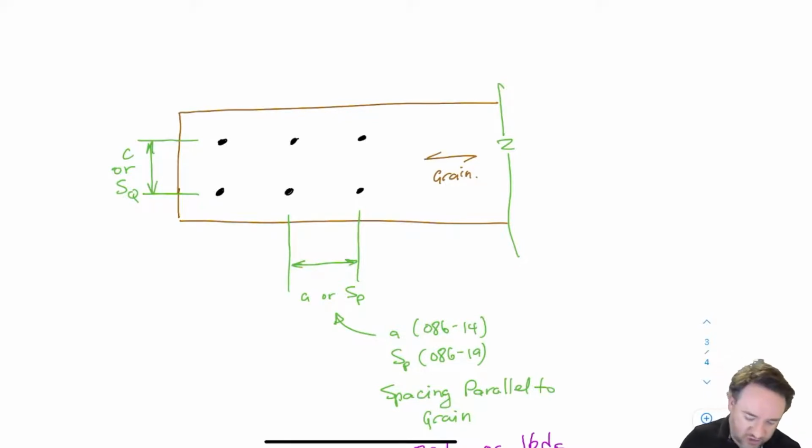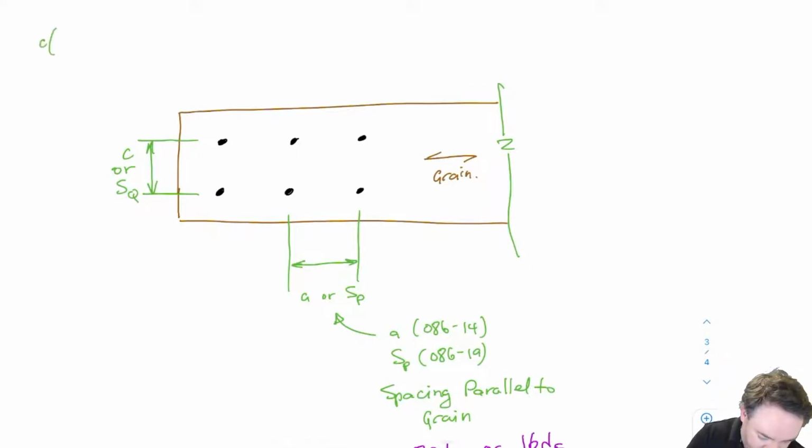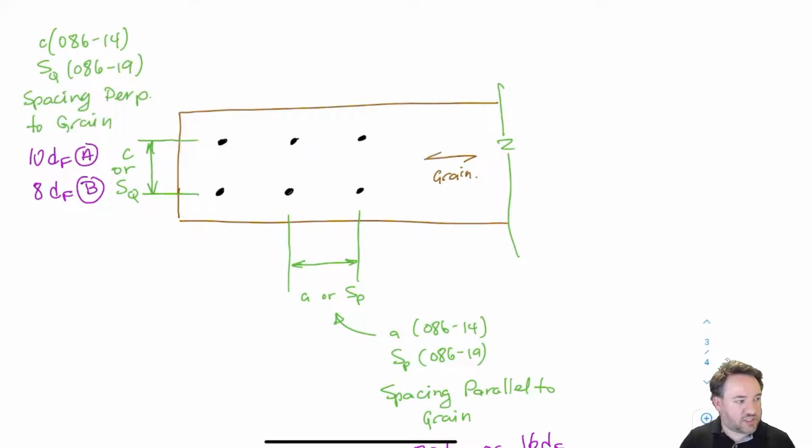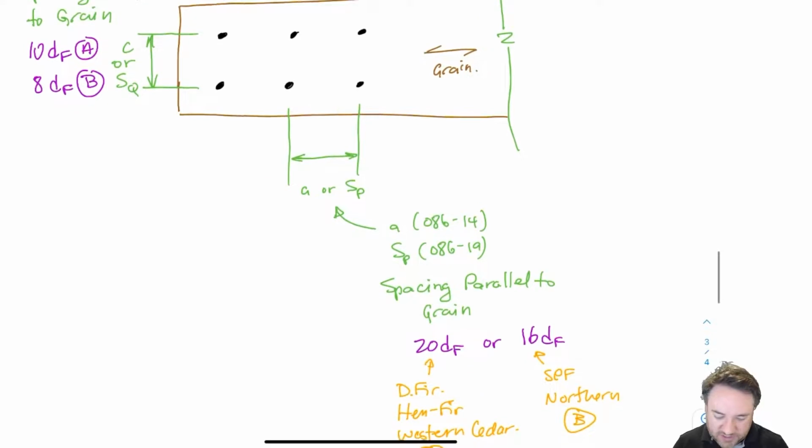So that's why it's Q. And so I'm going to say up here what these are. Okay, and so that's spacing perpendicular to grain. That's the C and the SQ, and these are the requirements: 10 df for that A group of species and 8 df for that B group of species.